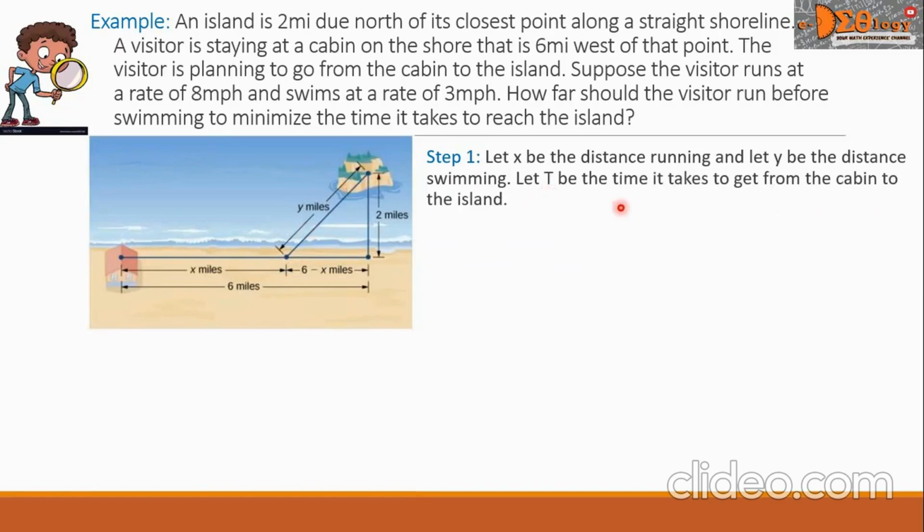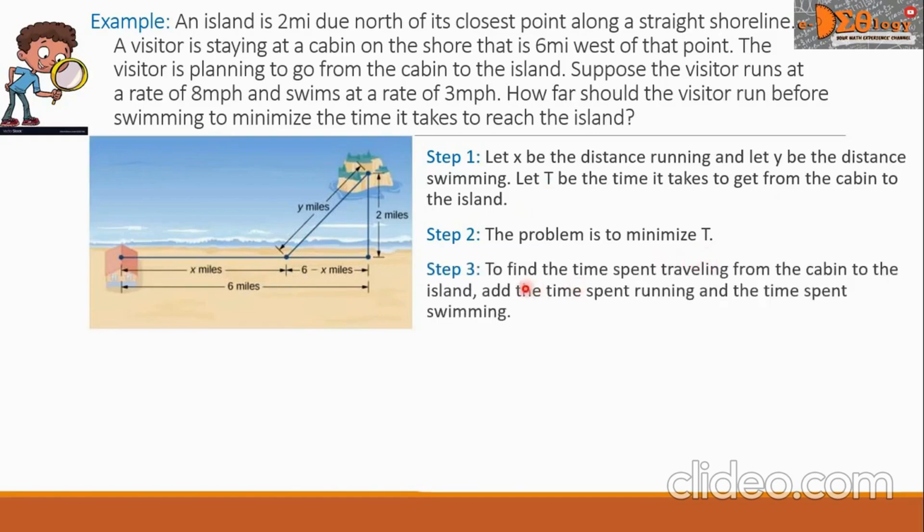Let capital T be the time it takes to get from the cabin to the island. Step 2, we identify that the problem is to minimize capital T, or time.